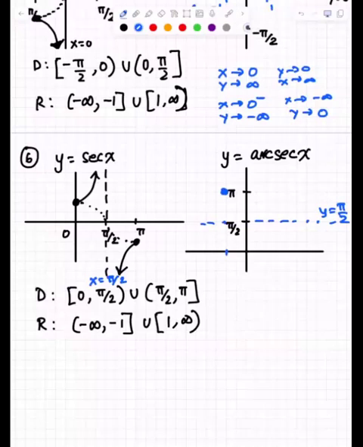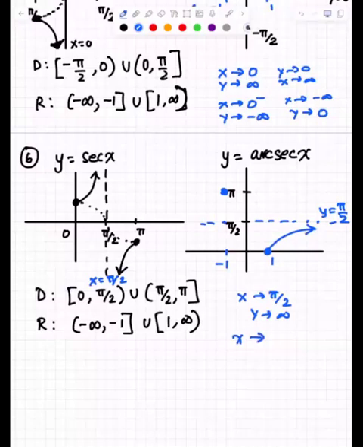The point 0 comma 1 will become 1 comma 0. As x is headed towards pi over 2, y is headed to positive infinity. So in the inverse, as x is headed towards positive infinity, y is headed towards pi over 2. Boom.